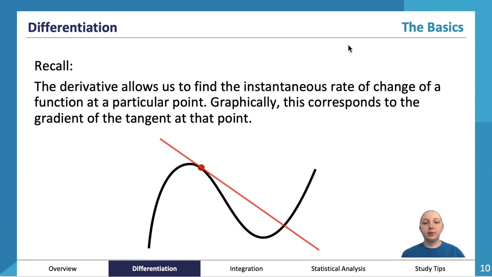So the big things to remember here is that your derivative allows you to find the instantaneous rate of change. Make sure you remember it's instantaneous because it's only at one specific point. It's not the rate of change from point A to point B, it's the rate of change at a single point. And graphically, that means you're finding the gradient of a tangent.